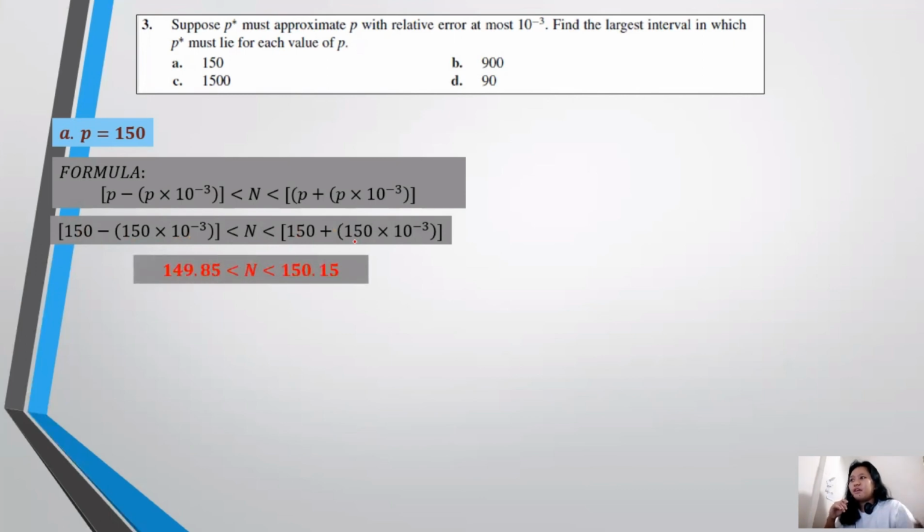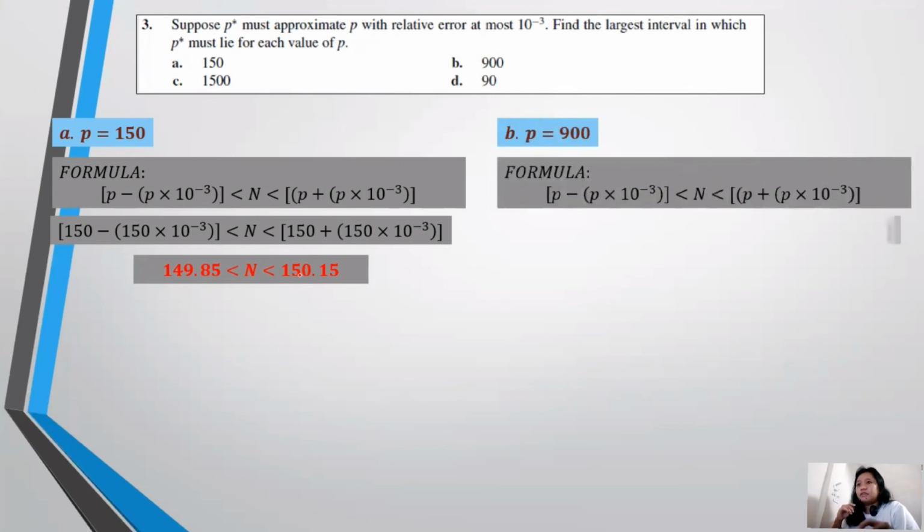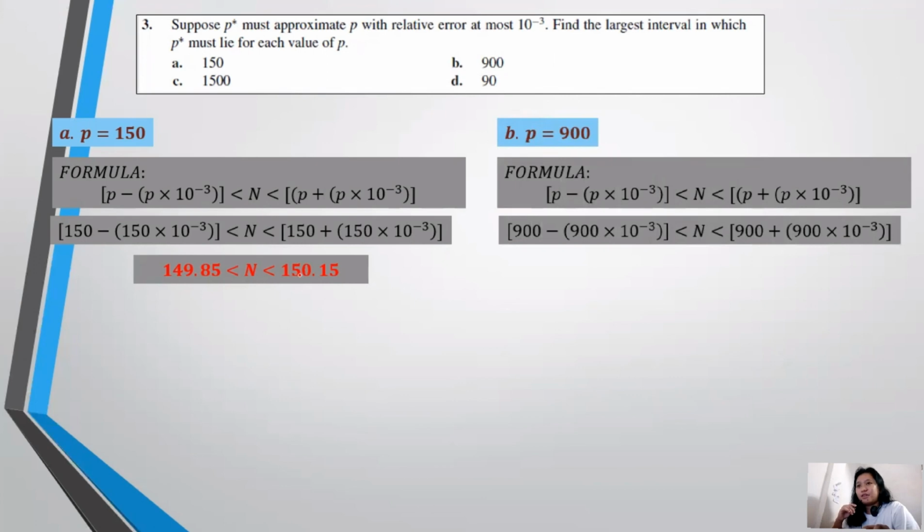So the answer for the 150 value for our P is n is greater than 149.85 but lesser than 150.15. So that is for the letter A. Next is letter B. So B is equal to 900. And then the same formula, the same process, substitute the letter P, which is 900.